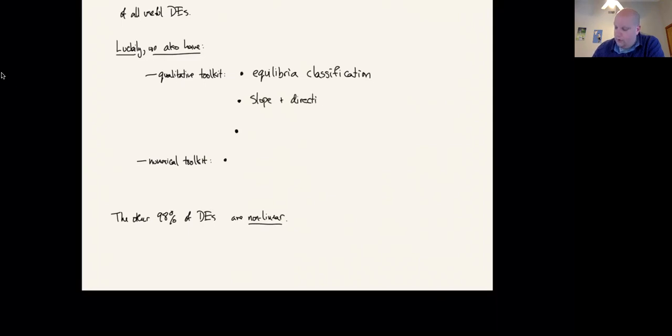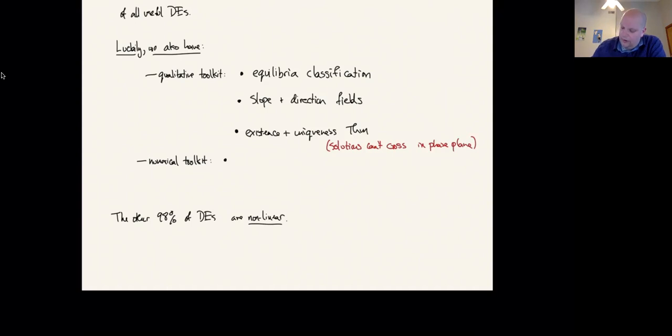Slope fields or direction fields can give us really nice qualitative information about the solutions in a graphical manner. And then we have an important theorem, the existence and uniqueness theorem, which in particular tells us that solutions can't cross, at least in the phase plane. And we'll talk a little bit later in this section of lectures about ways that that can be especially useful.